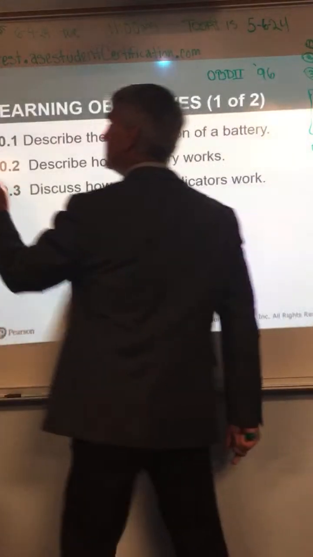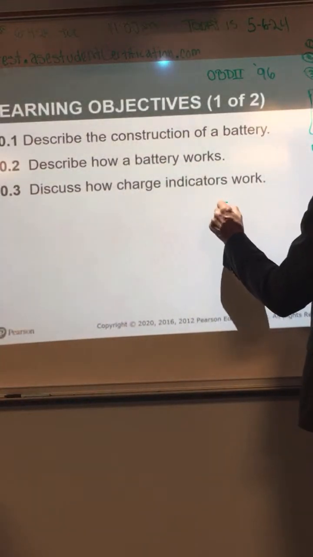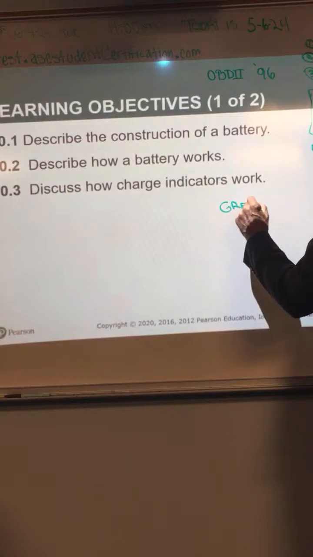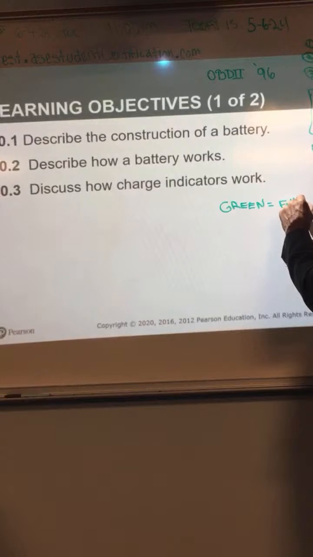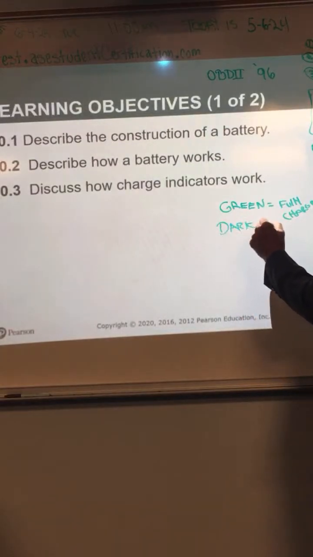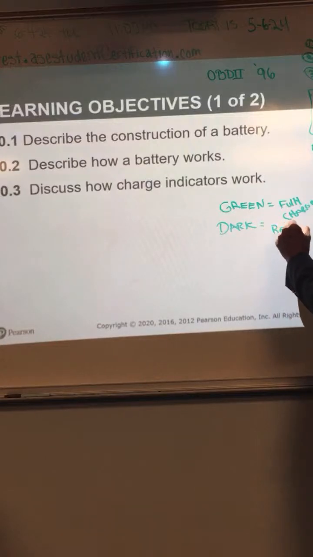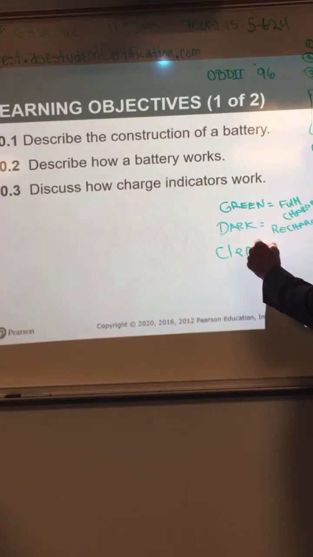All it meant is if that charge indicator was green, it just meant the battery was fully charged. Didn't mean it was good, okay? If it was dark, it meant it needed a recharge before you could test it. And if the eye was clear, or the charge indicator was clear, not clean, clear.